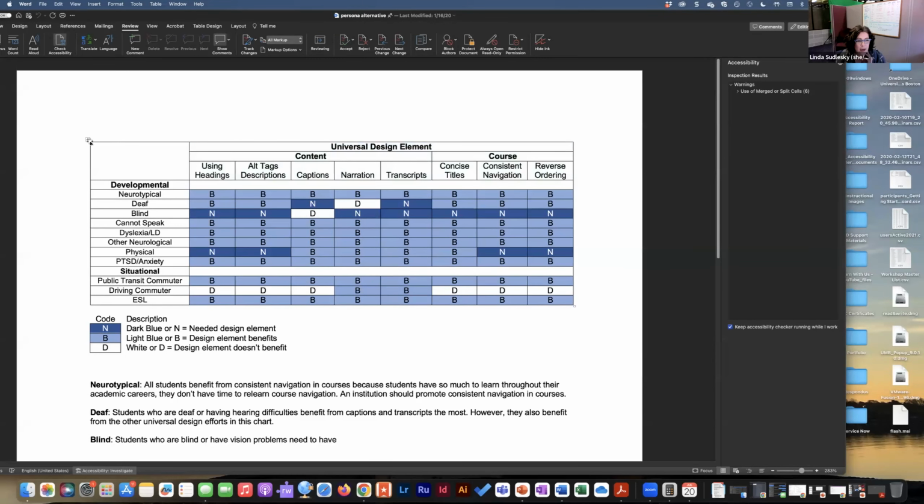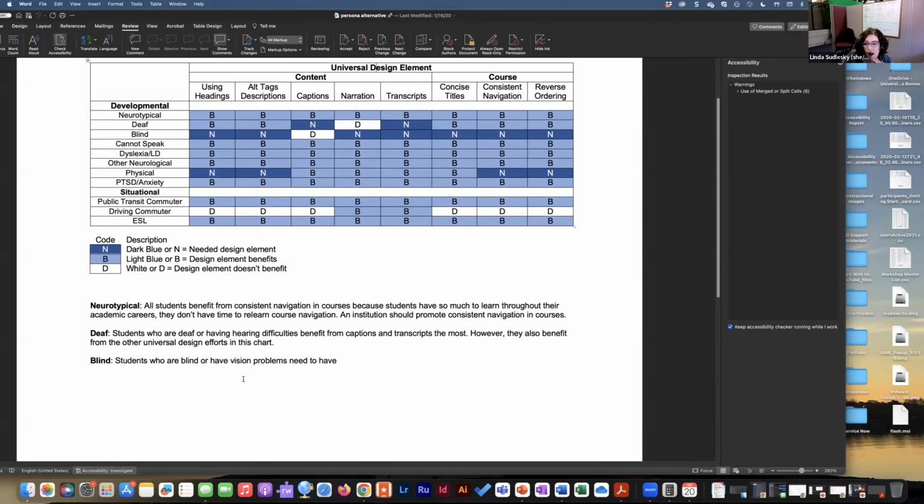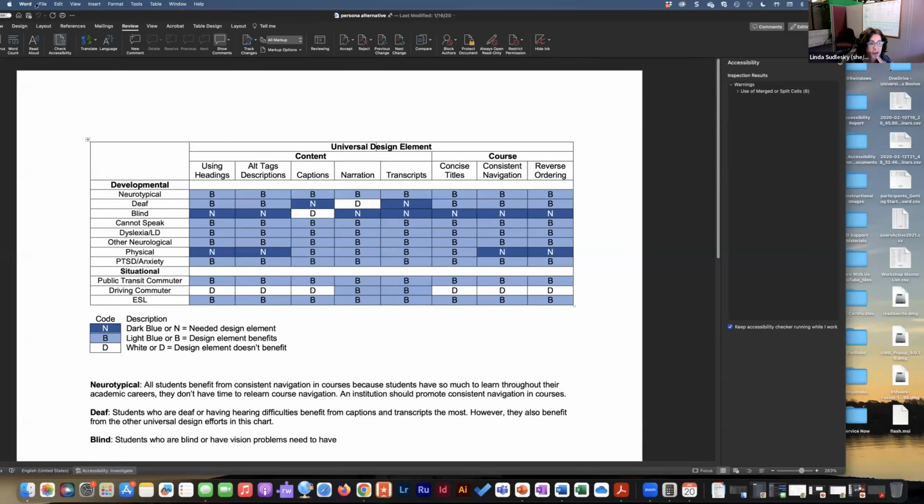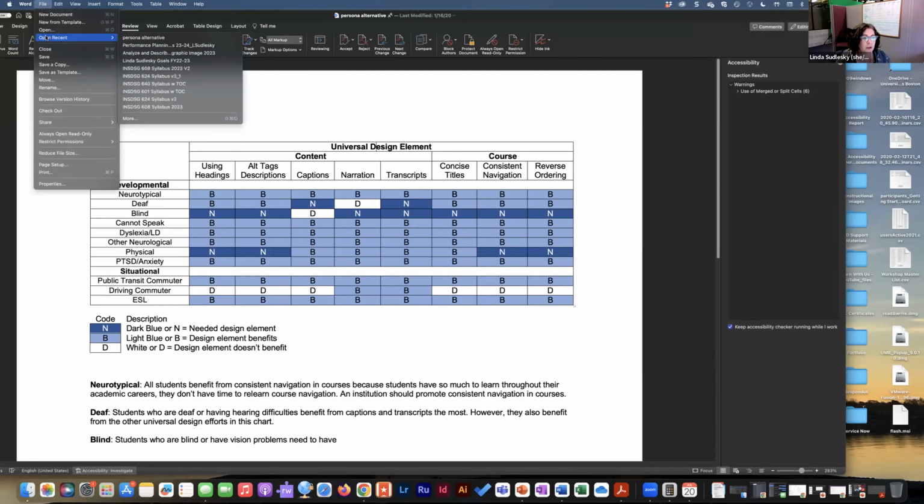I don't have time right now to redesign this, but as you can see, this is an example. It's not highlighting anything else, but it's a very small document. I feel like I should have a better document to share with you.